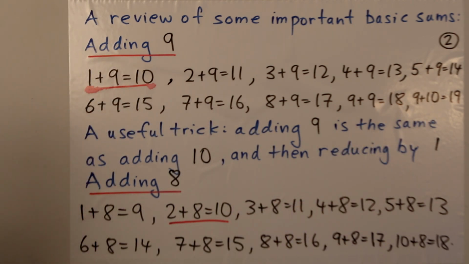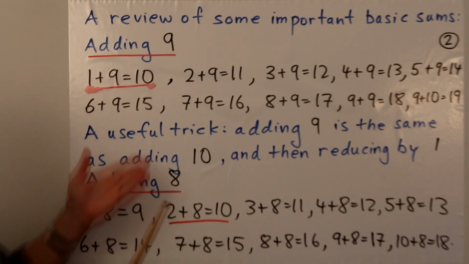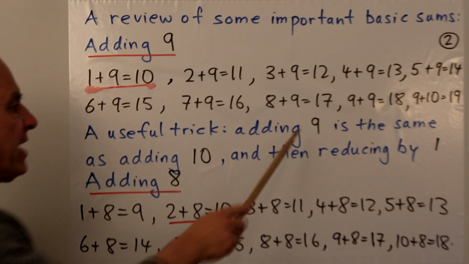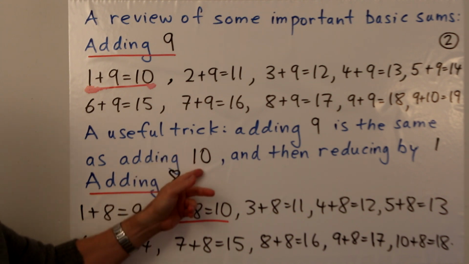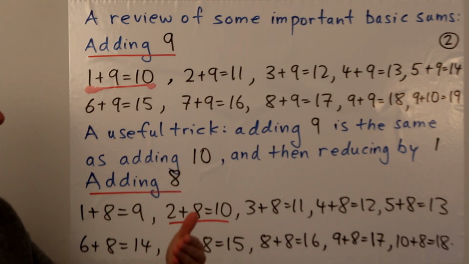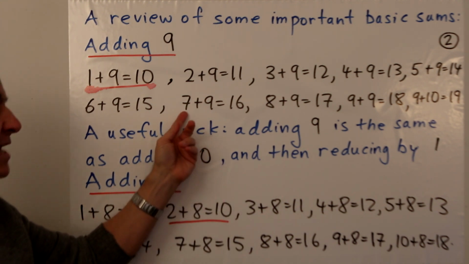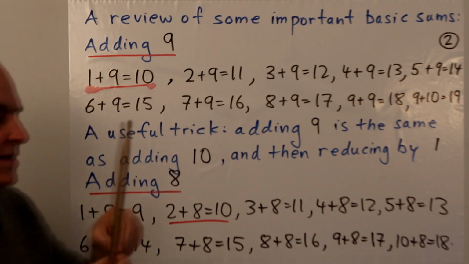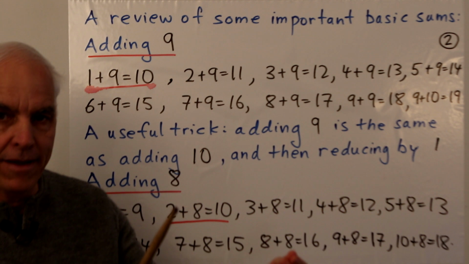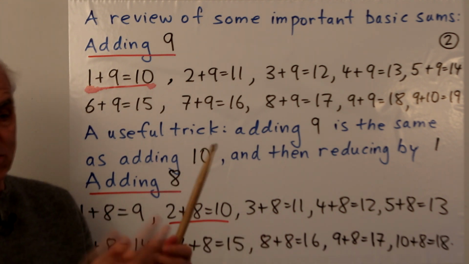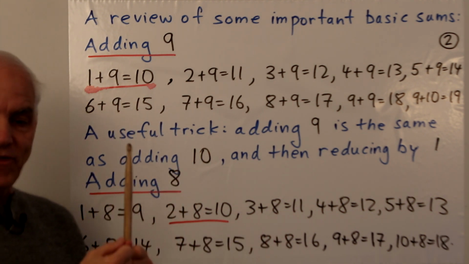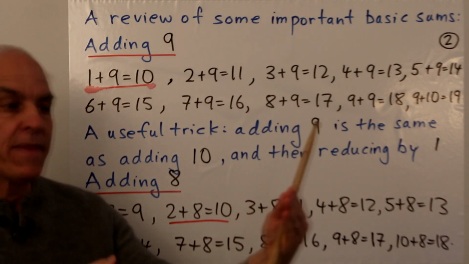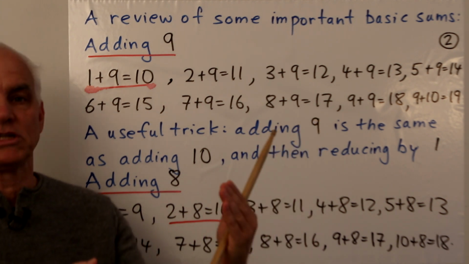And we may observe here, maybe an observation, maybe even a trick, that adding 9 is the same as adding 10 and then reducing by 1. So for example, 7 plus 9, we're adding 9 to 7. What do we get? It's the same as adding 10, which is particularly easy because we just put a 1 in front to go from 7 to 17. And then we come back 1. We reduce by 1.